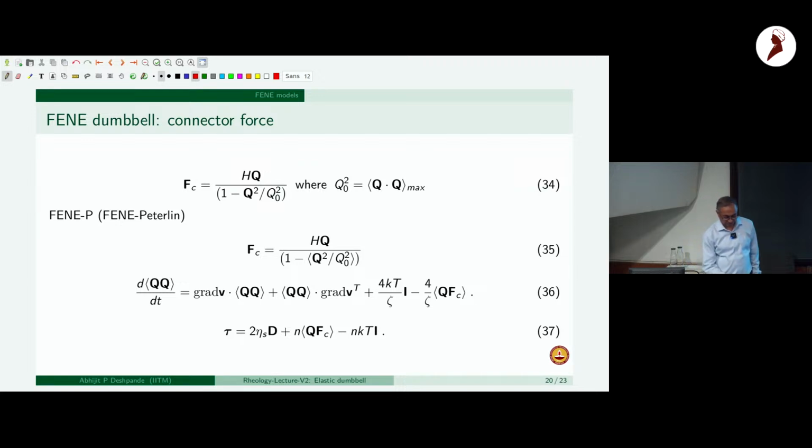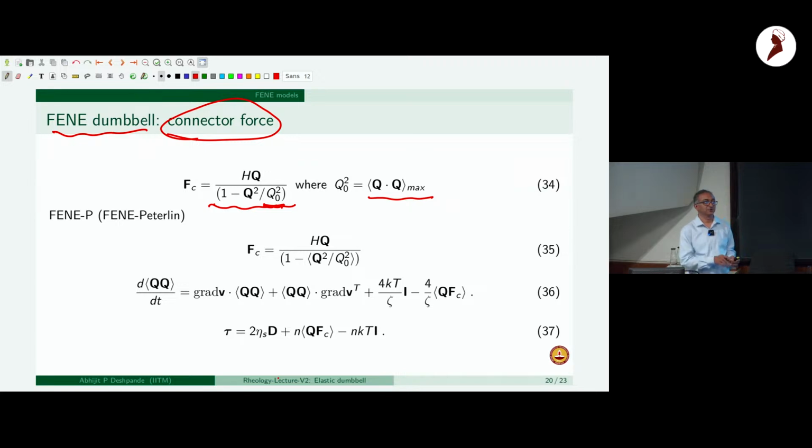And so the small modification to the dumbbell in terms of the connector force is the fact that the force goes to infinity when the connector vector becomes a magnitude Q naught. So Q naught is basically the maximum extensibility of the chain. So this is the finitely extensible nonlinear elastic model, where initially the force is varying linearly and then it goes to infinity at a value which is associated with Q naught.